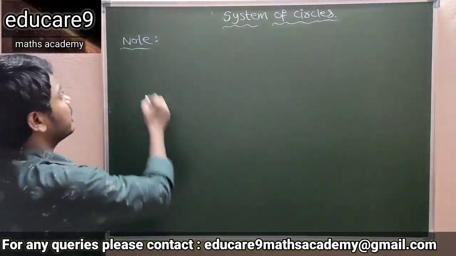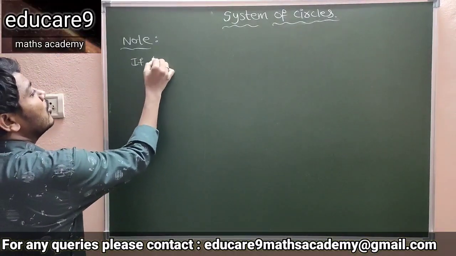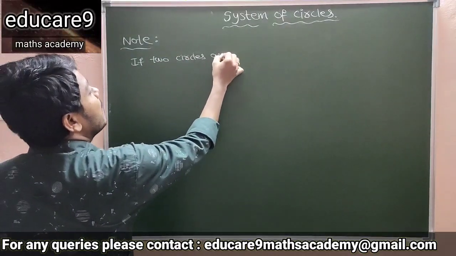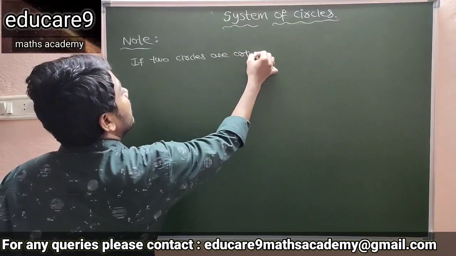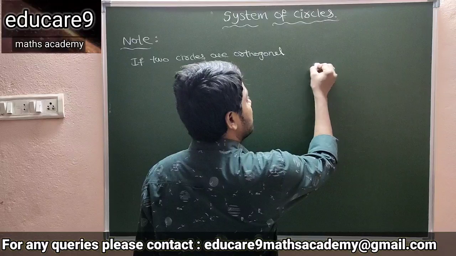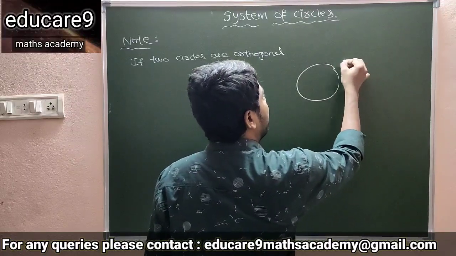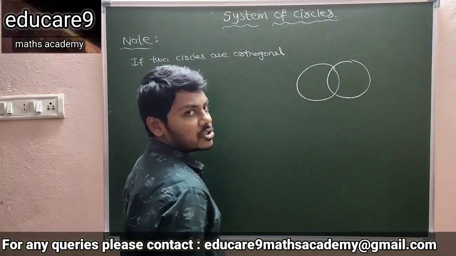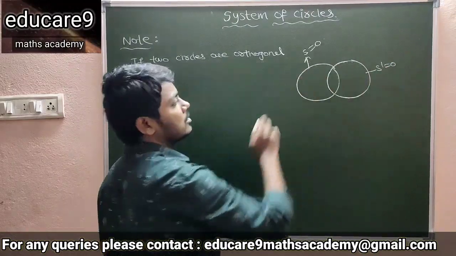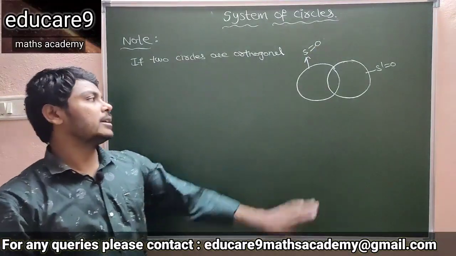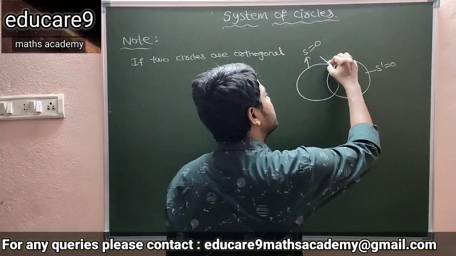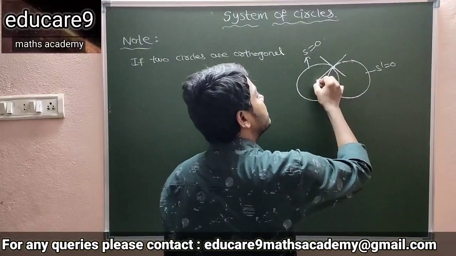See our next note point. If two circles are orthogonal, so this is S equals to 0 and this is S dash equals to 0. These two are intersecting circles and they are orthogonal, meaning the angle between their tangents is 90 degrees.